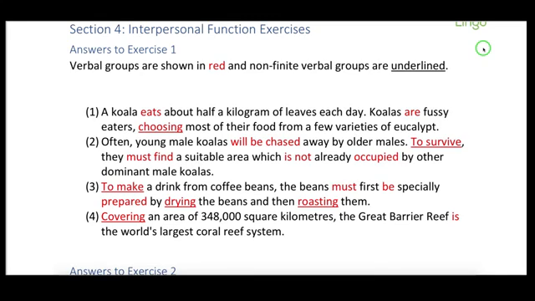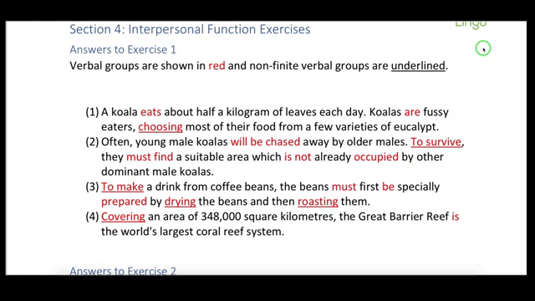Eats. This is a finite verb because it has tense and it matches to the subject. So the subject is a koala, and the verb is matching that subject, eats with an S. Okay, and the tense is present simple tense.